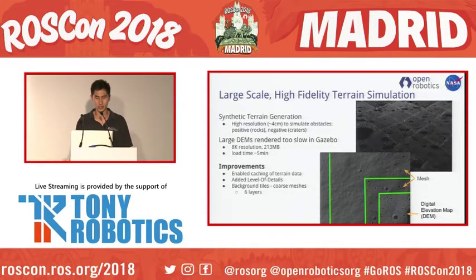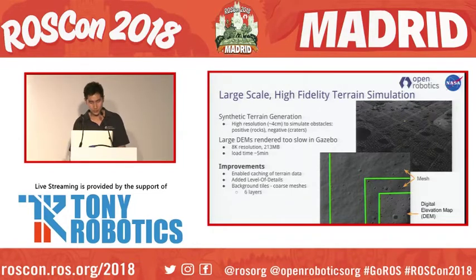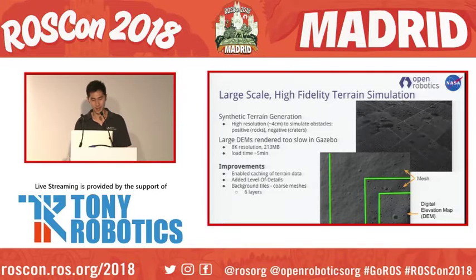So at the beginning of the project, we wanted to improve performance, especially related to rendering height maps in Gazebo. We did 3 things. The first thing is that we added the ability to cache terrain tiles.